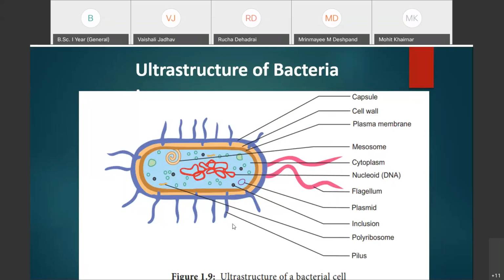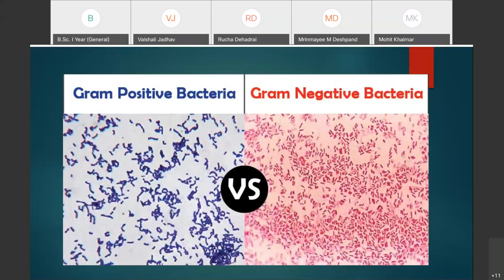These pili are also called fimbriae. They are minute, rigid, cylindrical appendages which extend outward from the cell wall.